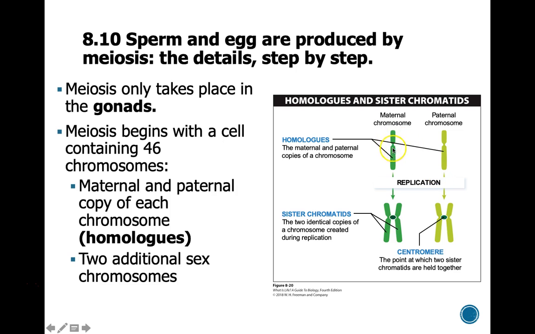So here we have, on top, 1 maternal chromosome, 1 paternal chromosome. Down here, even though we have 2 pieces of DNA, we still only have 1 chromosome because we count the number of centromeres. So because they are connected, they're considered 1 chromosome.